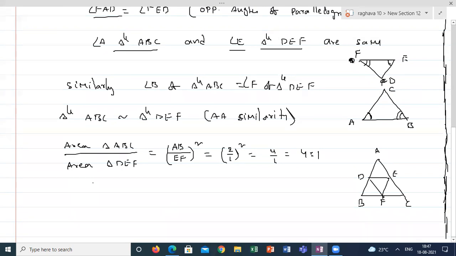We can keep a standard formula for this. If I am joining midpoints of all the sides of the triangle, the area of the main triangle ABC will be equal to 4 times the area of triangle DEF.